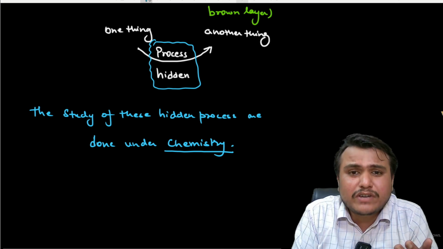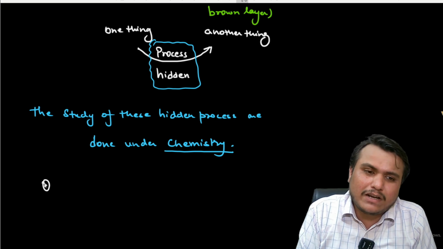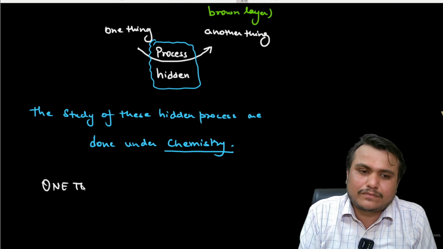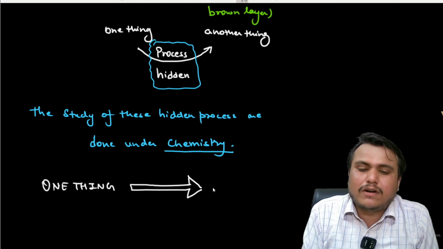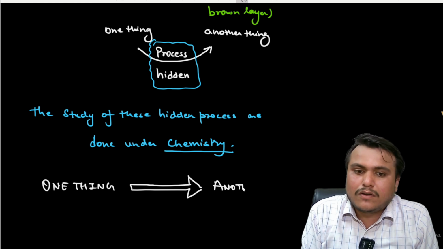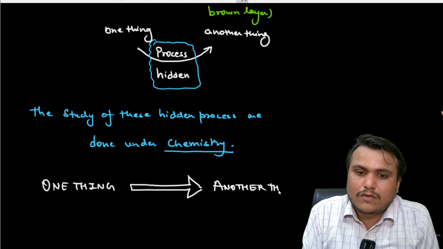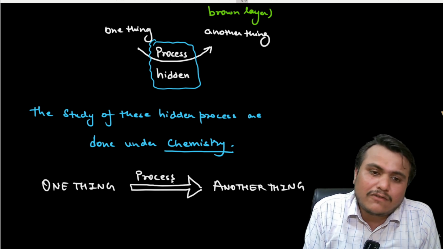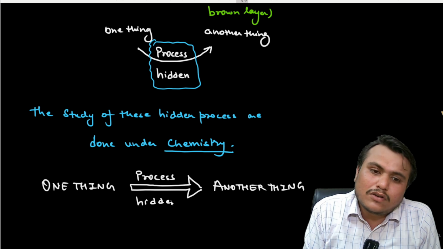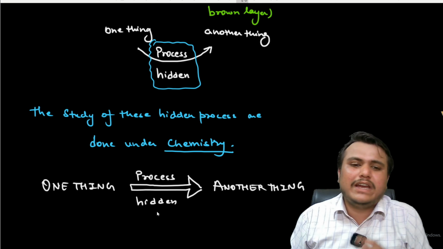So what is chemistry? Chemistry is the study where one thing is getting converted into another thing, and the process of that conversion is hidden. To study this hidden process we need chemistry.